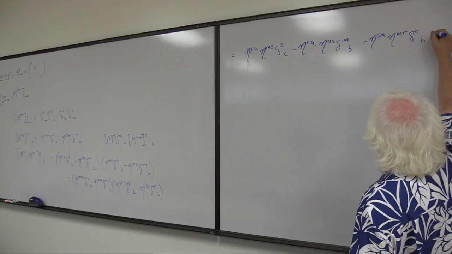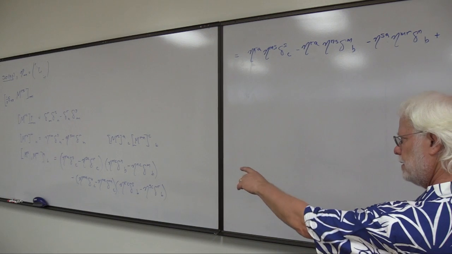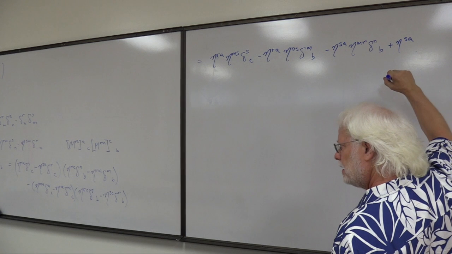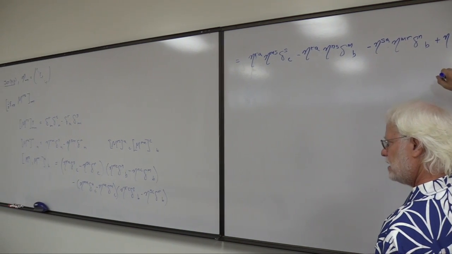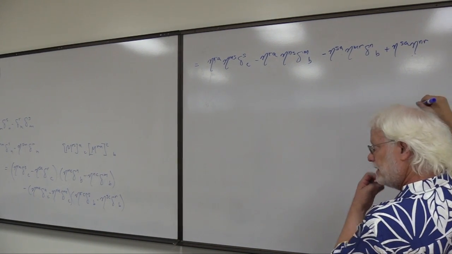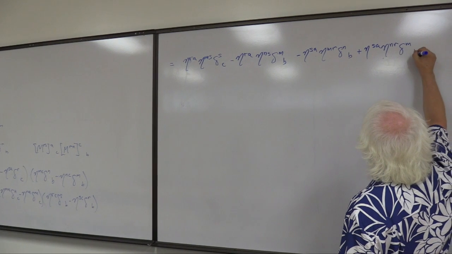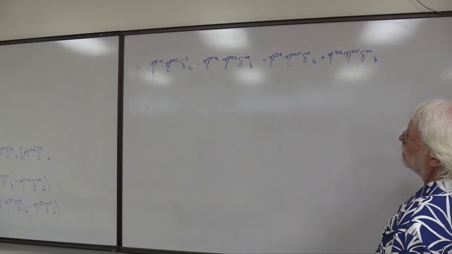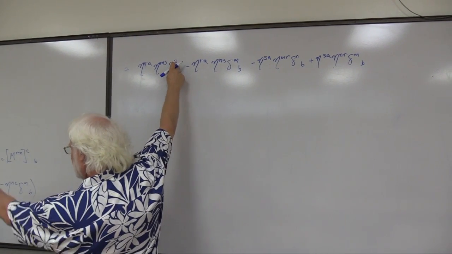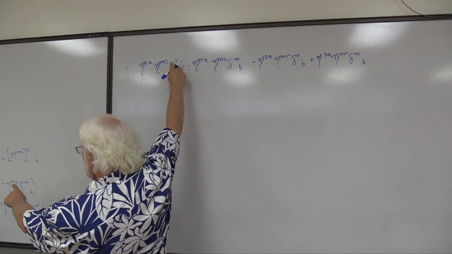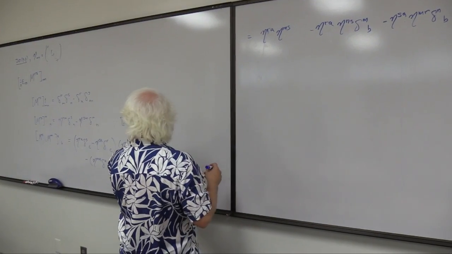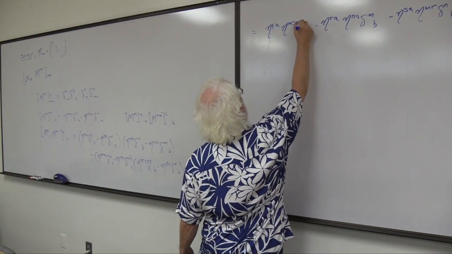And finally a plus eta S A, then eta N R, and finally delta M B. Should there be two upper S indices in that first eta term, R A, eta M S? No, of course not. That should probably be an N. Yeah, it should be. No, that's just wrong. Let's see what that is. That's the very first one. It should have been an N B.